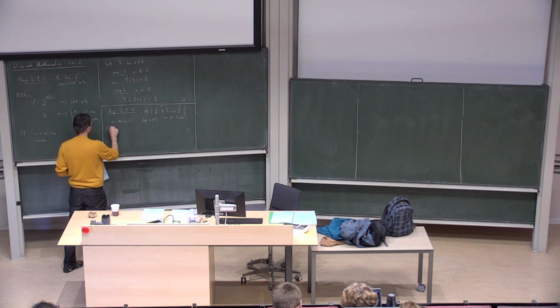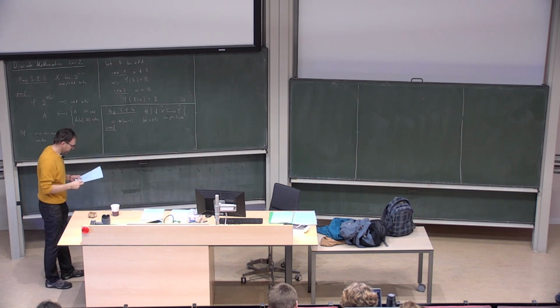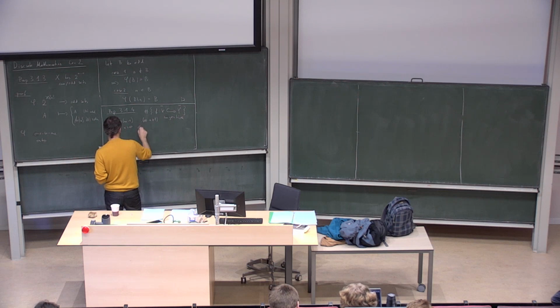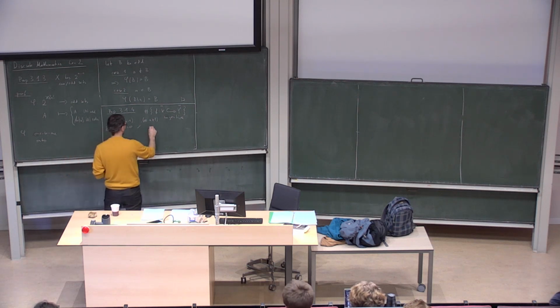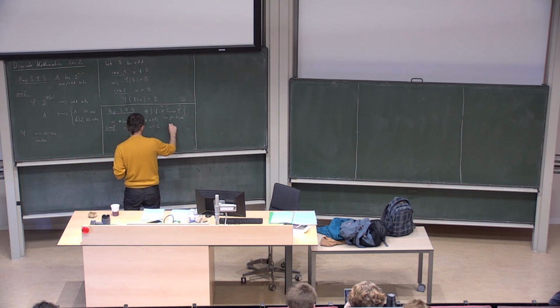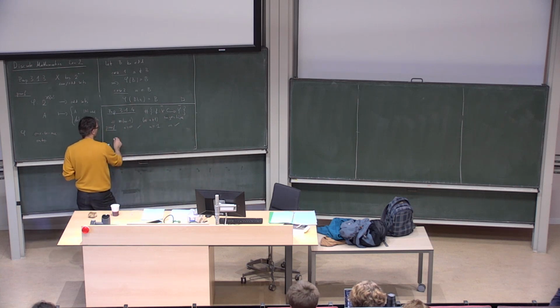Proof. So again, proof by induction. n equals 0 is kind of trivial. So I guess n equals 1, we have m and that's fine. So we do the induction step from n to n plus 1.